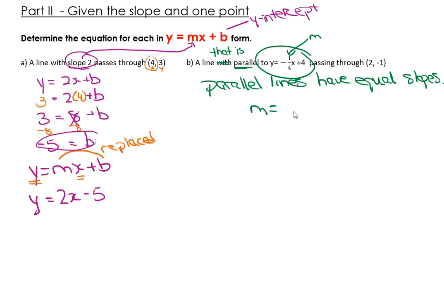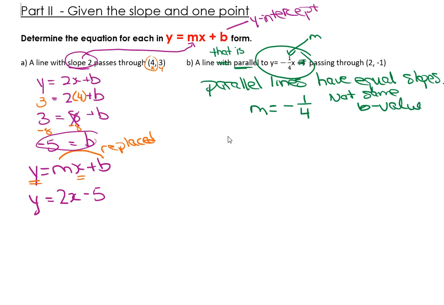So if it's parallel to that line, then the line I need to find also has a slope of negative 1/4. Now it's parallel to that line, it's not the same, so I'm not going to use this piece at all. All I know is that the line I need to find is parallel to this one here. So it's got the same slope. It does not have the same y-intercept, not the same b value.